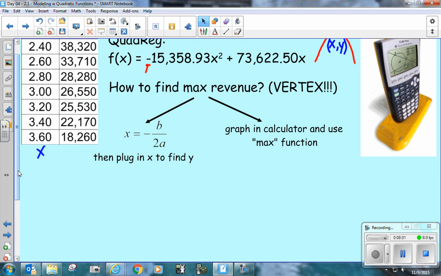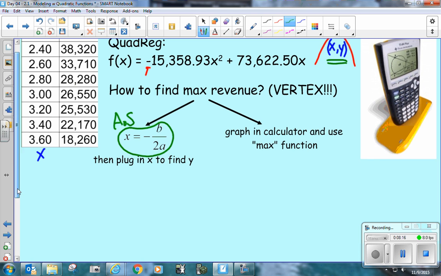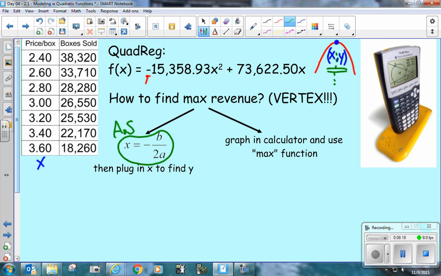Because it's a coordinate. I have an x and a y point. I can find my x by using this, which is the axis of symmetry formula, right? AOS. And that is the imaginary line that cuts the vertex in half where it's reflected over. And it's also the x value in the vertex.